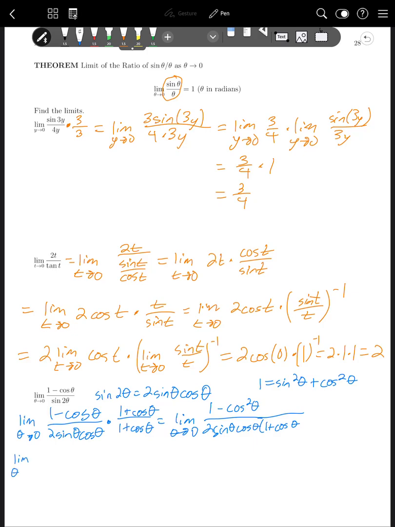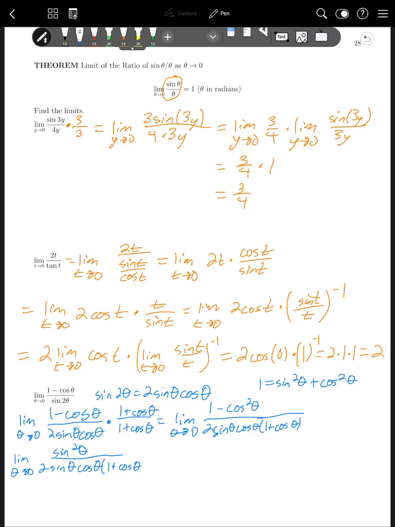So this would be the limit as theta approaches 0 of sine squared theta over 2 sine theta cosine theta times 1 plus cosine theta. And the nice thing about everything we just did is now we can start to simplify this down to something where we can use the identity we've been talking about.